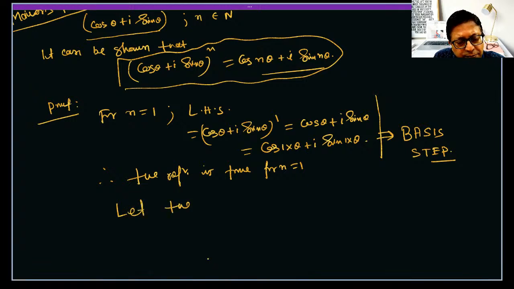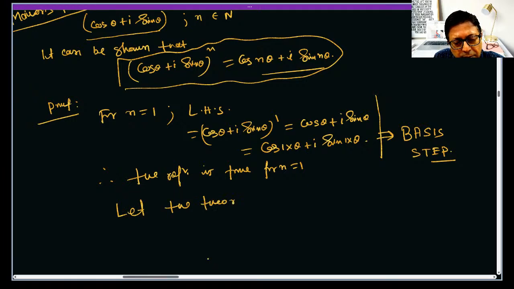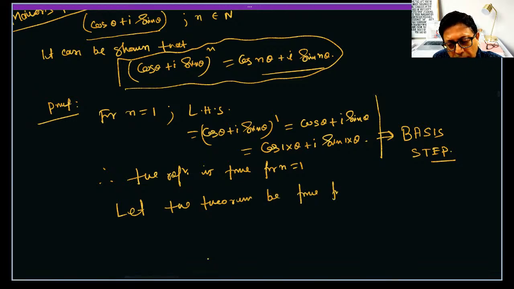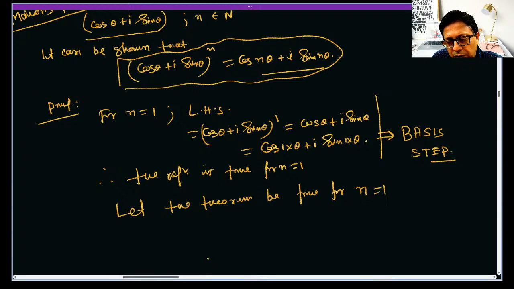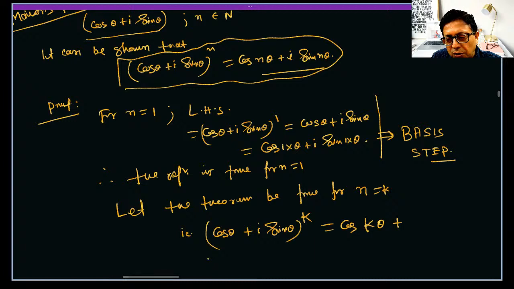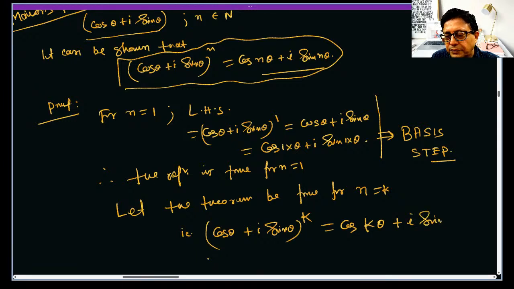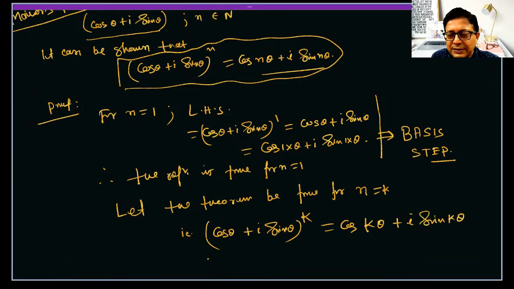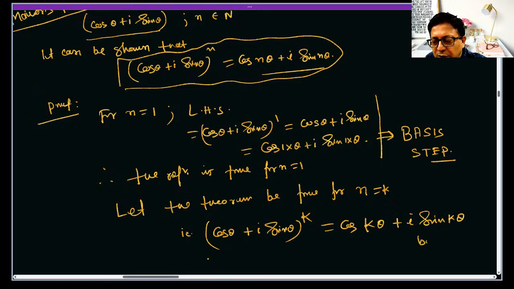Now let the theorem be true for n equal to k, where k is an integer. That is cos theta plus i sin theta to the power k equals cos k theta plus i sin k theta, this be true.